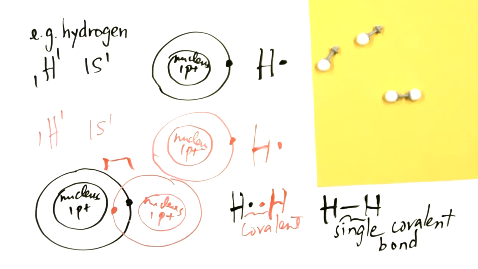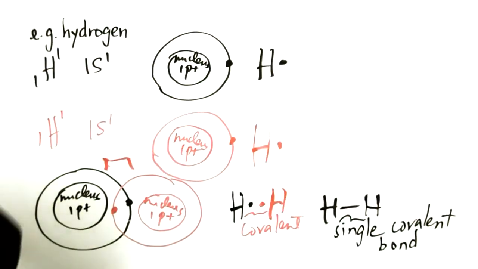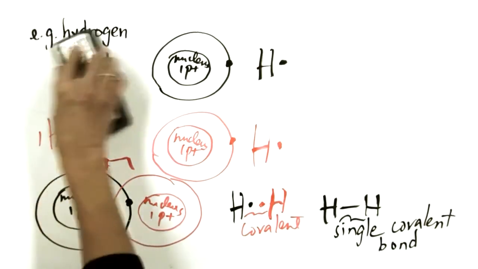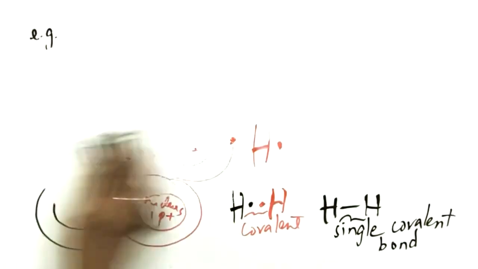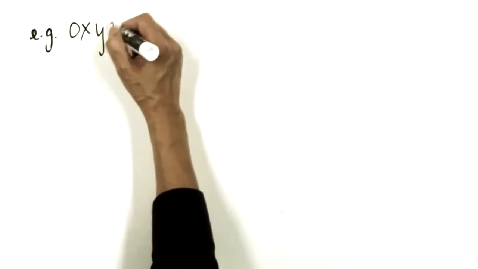Right, so moving on, let's look at another example. This time we will look at oxygen. Now remember, when we are dealing with covalent compounds, we are looking at the nonmetals. So you have a nonmetal plus a nonmetal sharing electrons to become stable.